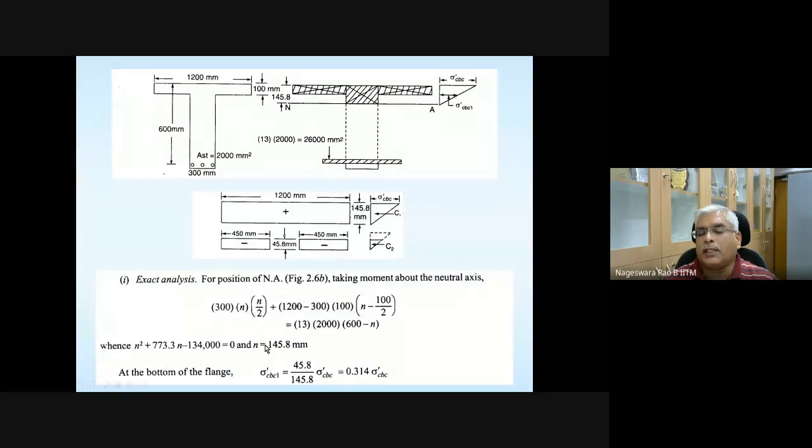Neutral axis depth is 145.8. So you take a rectangle 1200 by 145.8, and from that you subtract these two rectangles. Then that is going to be the same as this one. It's easy to work with this, because everything is a rectangle here. Only thing is we are going to add and we are going to subtract.